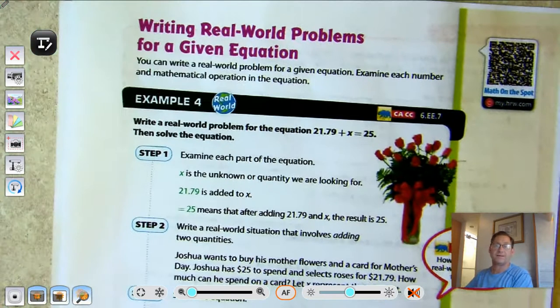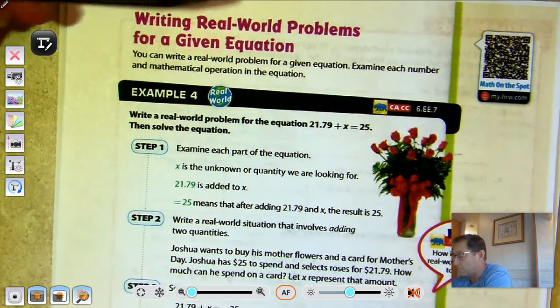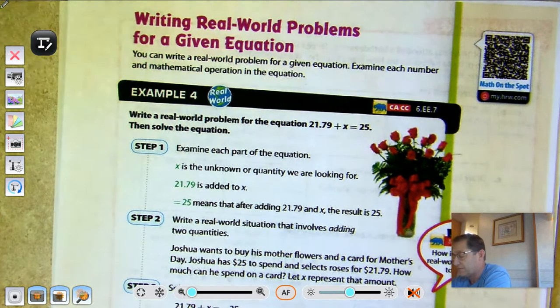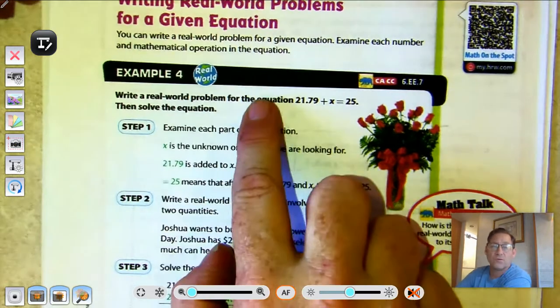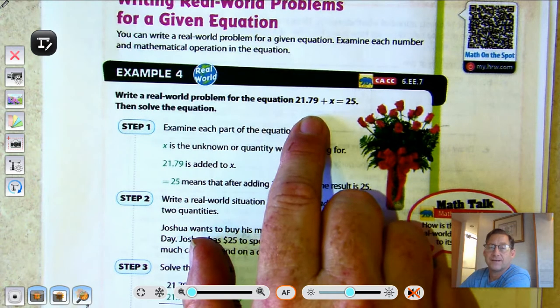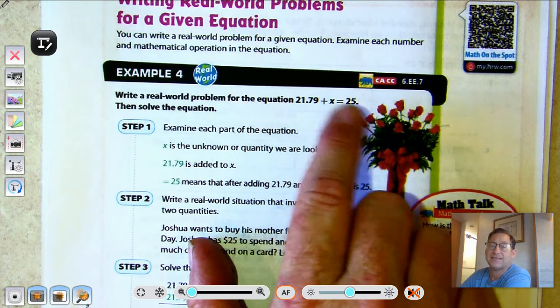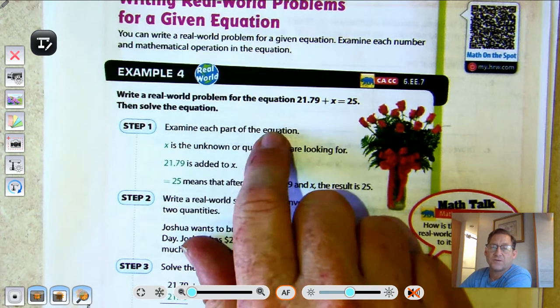All right, page 309. Writing real-world problems for a given equation. You can write a real-world problem for a given equation. Examine each number and mathematical operation in the equation. So write a real-world problem for the equation 21 and 79/100 plus x is 25. So examine each part of the equation.